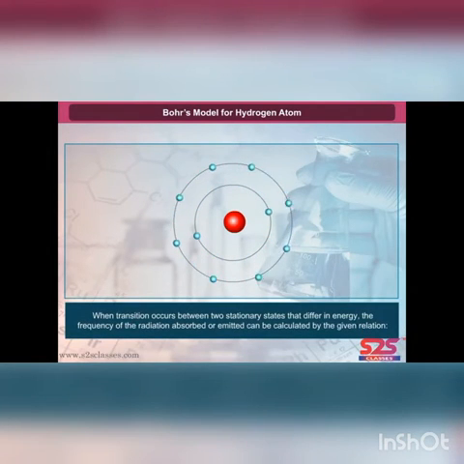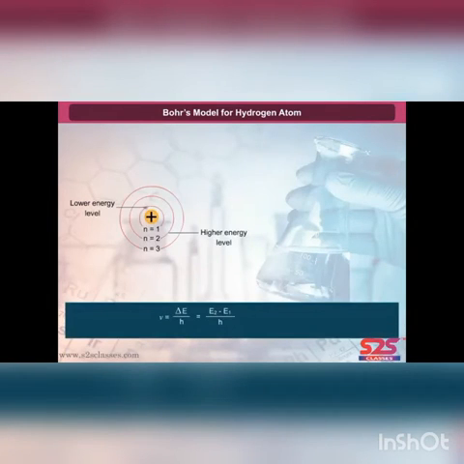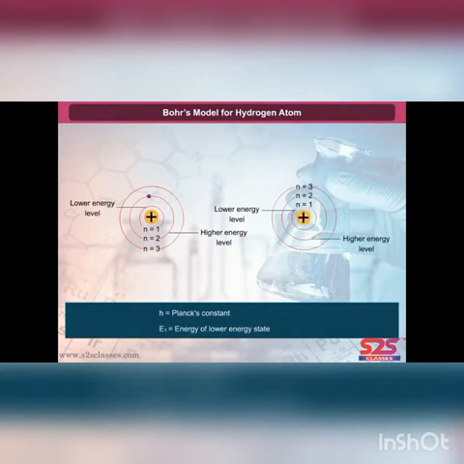When transition occurs between two stationary states that differ in energy, the frequency of the radiation absorbed or emitted can be calculated by the given relation. nu is equal to delta E over h, which is (E2 minus E1) over h, where nu is the frequency of radiation, h is the Planck's constant, and E1 and E2 are the energies of the lower and higher energy states respectively.